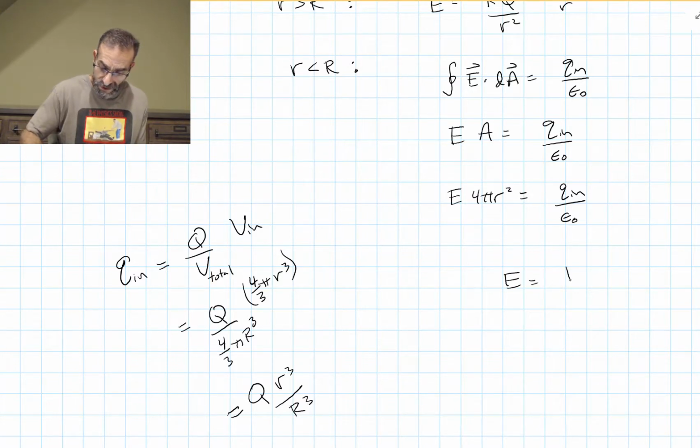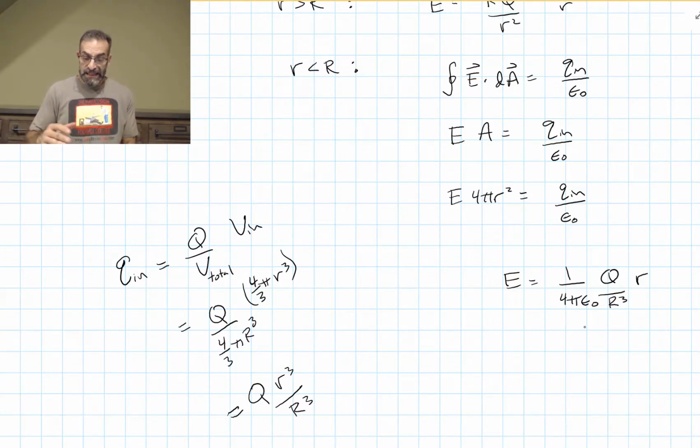So we end up with the electric field being 1 over 4 pi epsilon naught q over r cubed times r.